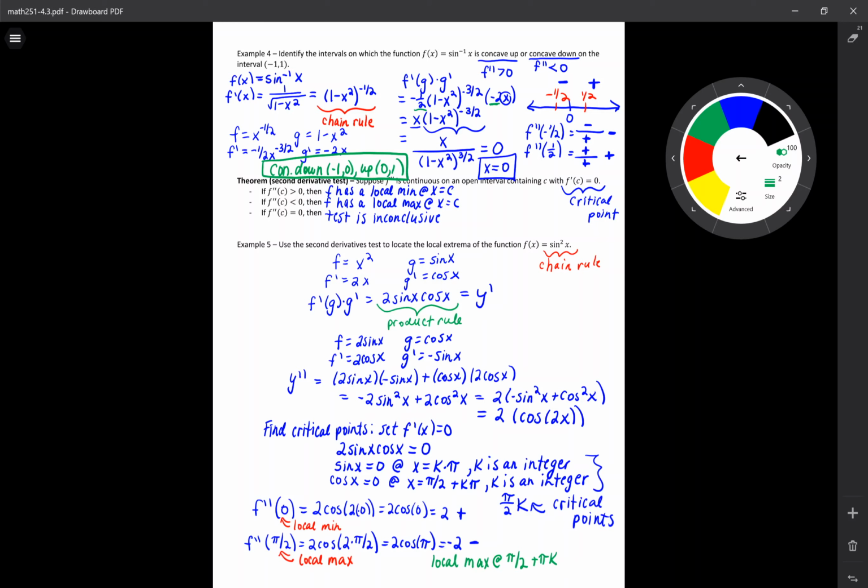So that's pi over 2, 3 pi over 2, 5 pi over 2, all of those. And I have local mins at pi k. So every pi. If you don't believe me on this, feel free to test more values here in our second derivative test, but this is what you'll find.